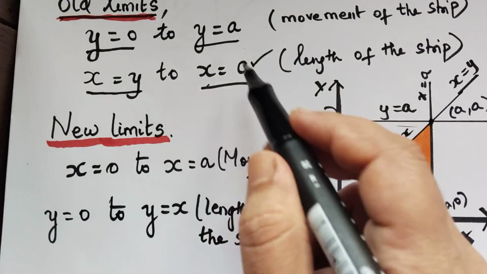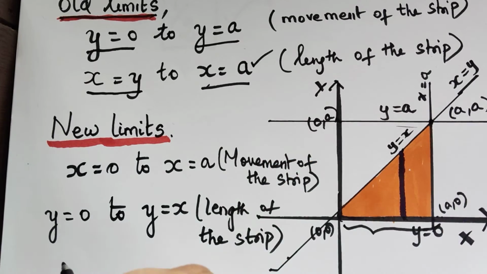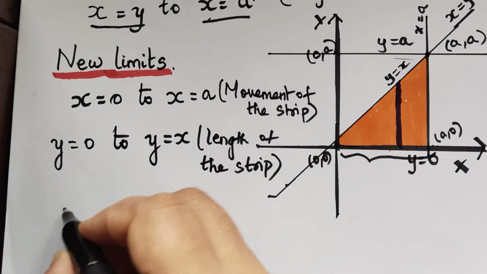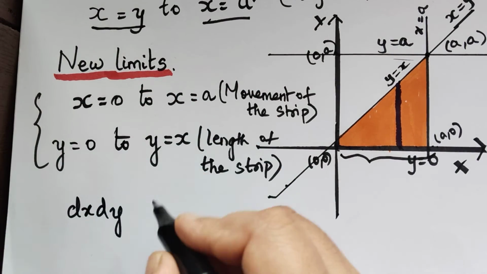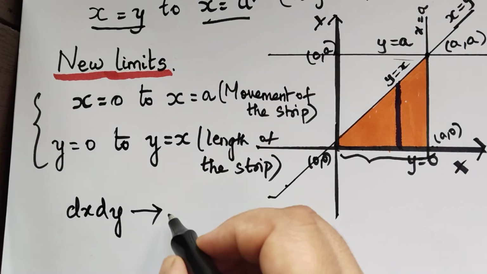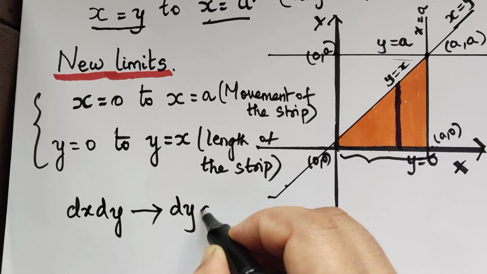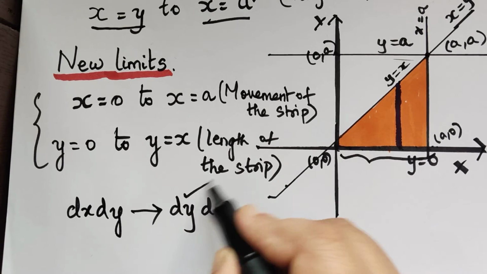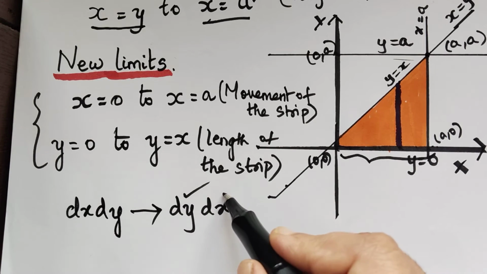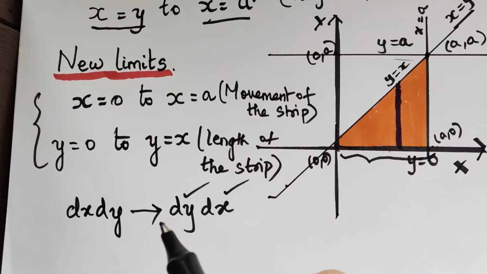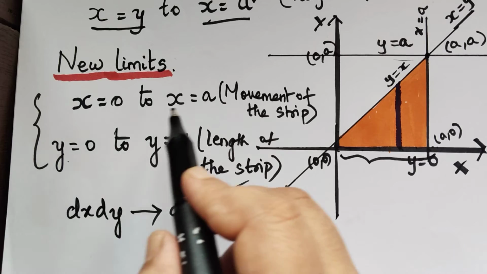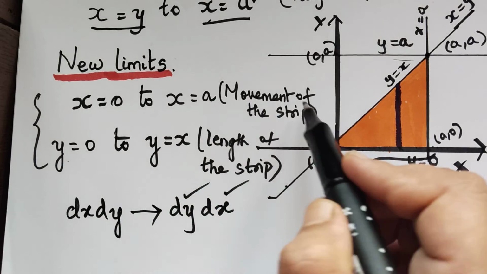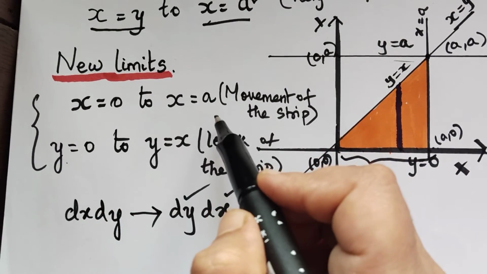So as per the old limits, the order of integration was dx dy. Now as per the new limits, the order of integration has changed to dy dx. So first we will be integrating with respect to y, and then we will be integrating with respect to x, since the inner limit is for y and the outer limit which is obtained by the movement of the strip is for x.